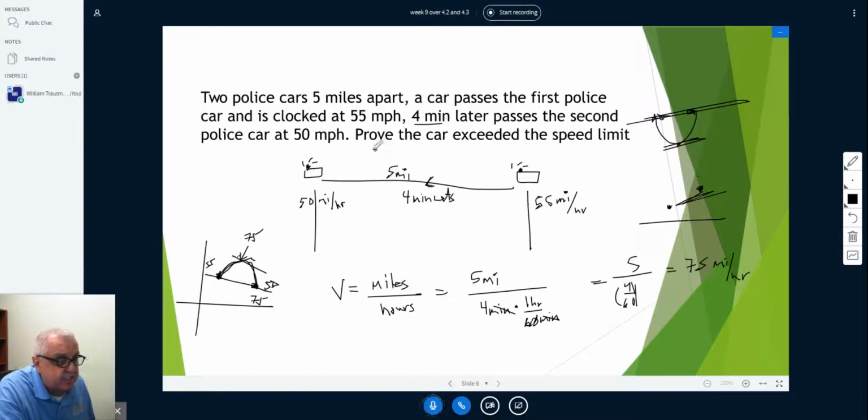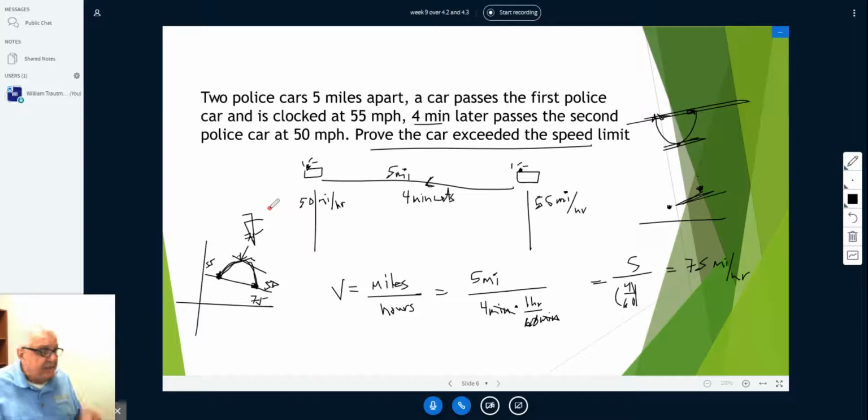And it says prove the car exceeded the speed limit. Well, your average is 75, and according to the mean value theorem, if you had an average of 75 between 2 points, at some point during that time that you were driving, you went 75 also.